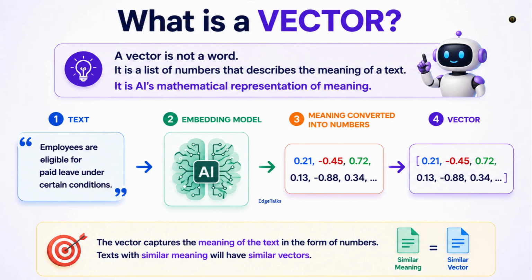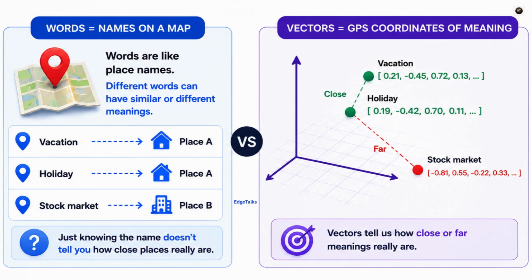These numbers may look meaningless to us, but to an AI system, they capture the meaning of that sentence. In simple words, a vector is AI's mathematical representation of meaning. You can think of these vectors as the GPS coordinates of that meaning rather than the words themselves.